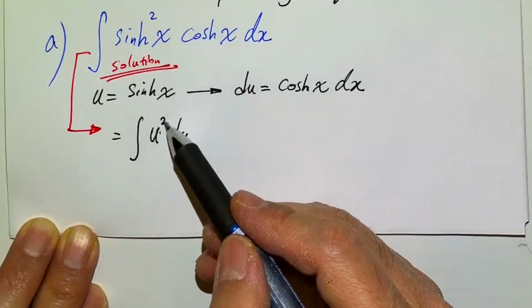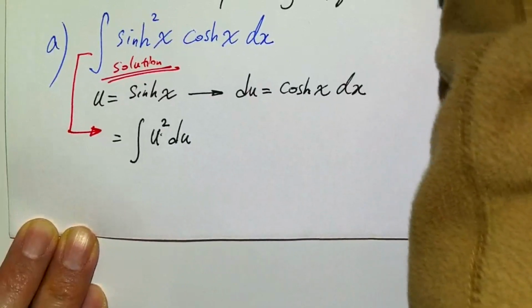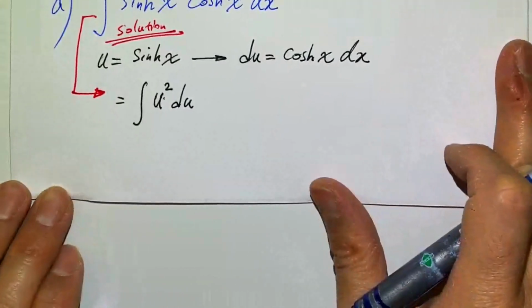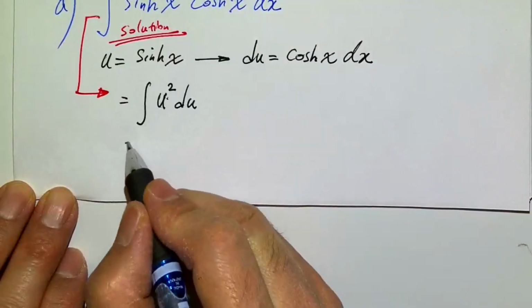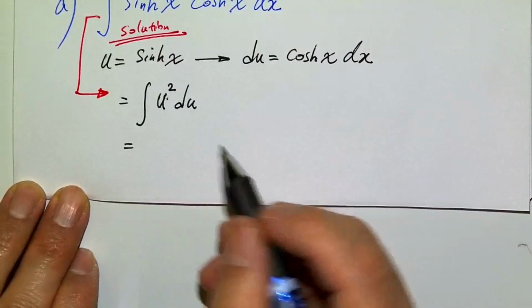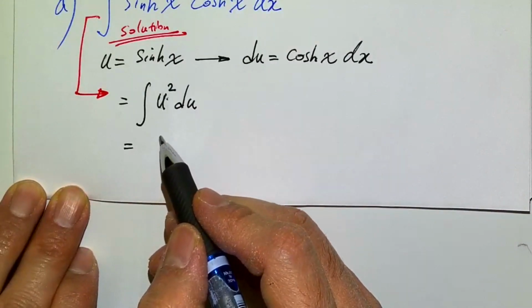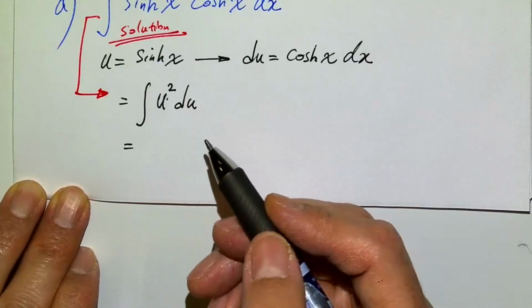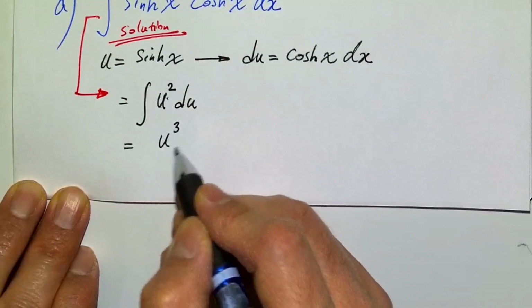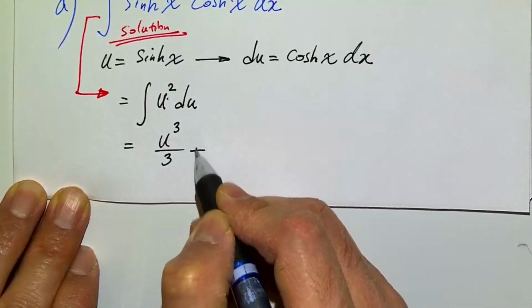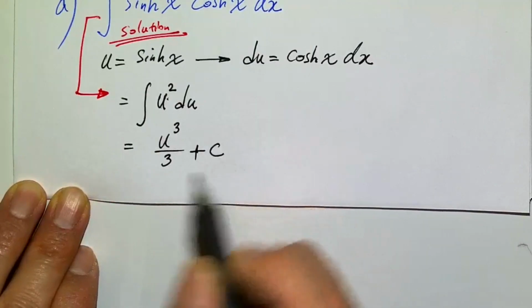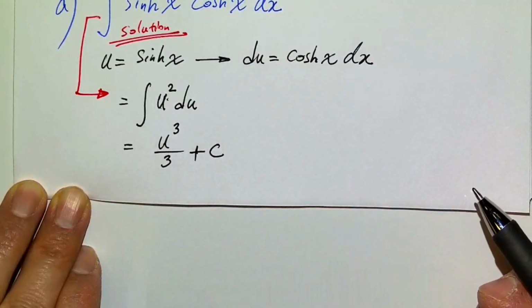Add 1 to the power, divide the expression by the new power. So you have u cubed over 3 plus, of course, c, because we have an indefinite integral.